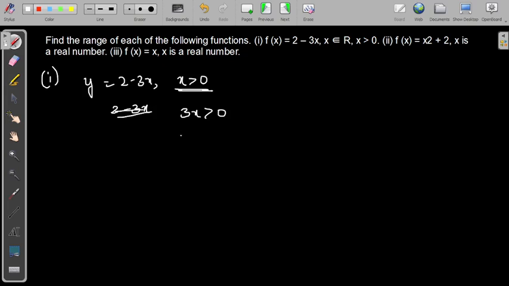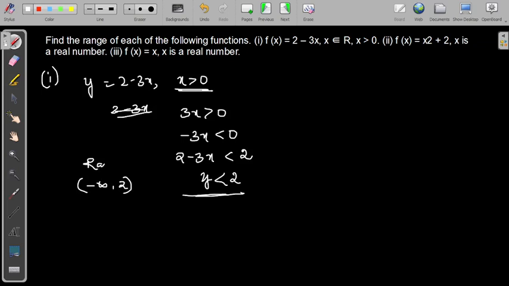Multiply 3 on both sides. Minus 3x is less than 0. When you multiply by negative sign, inequality reverses. Then add 2 on both sides. 2 minus 3x, y is less than 2. Outputs are always lesser than 2. So minus infinity comma 2. This is the range of the given function.